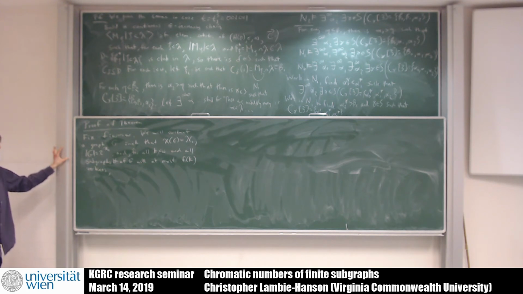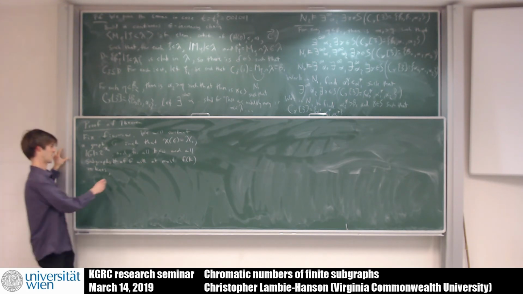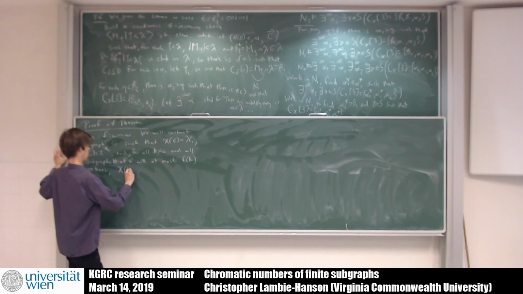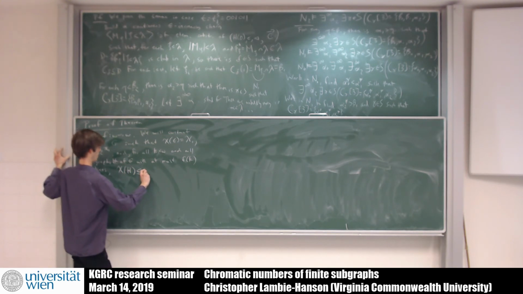And we can say that, but what's going to be more convenient for our proof is that the chromatic number of H is less than or equal to 2 to the k plus 1.